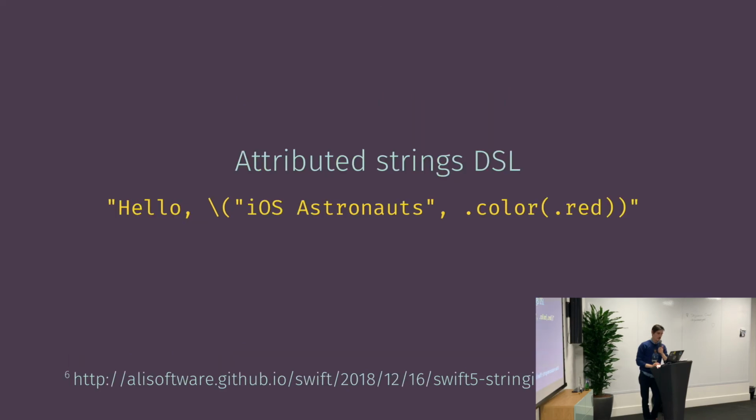Or we can write an attributed strings DSL, which is even more powerful compared with the ugly NSAttributedString APIs. Everything is inlined in one string, and you will even have some compiler support if you mistype something.